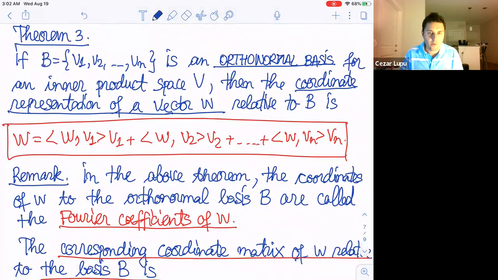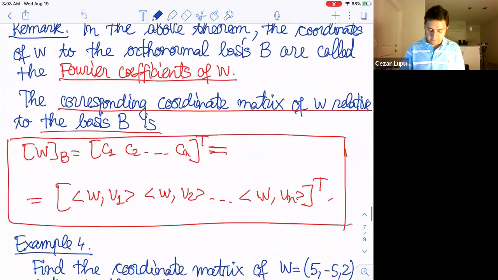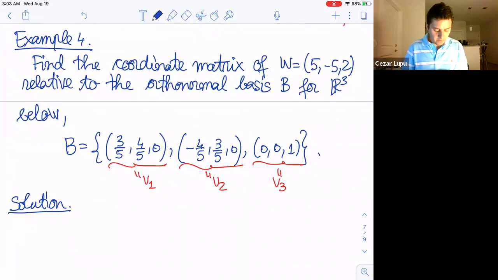So I know that I have an orthonormal basis of vectors, in my case V1, V2, and V3, for an inner product space V, which in our case is the entire R3. Now we want to write the coordinate representation of a vector W relative to this basis. We have the exact formula, and these are the Fourier coefficients of W. We just need to apply it and find the coordinates.